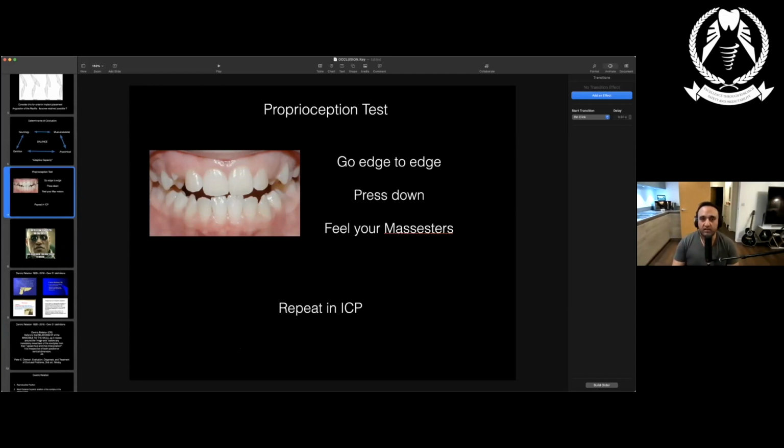What I think is that looking at the proprioception test and the feedback you're getting from your patients, especially when you're dealing with an anterior cracked tooth or cracked teeth, you need to look at the causes, which may be, and most likely are, occlusally related.